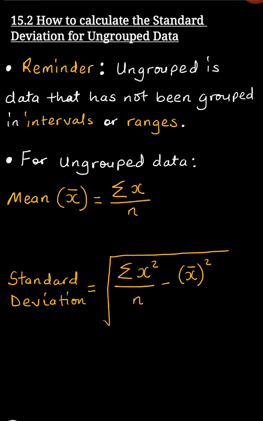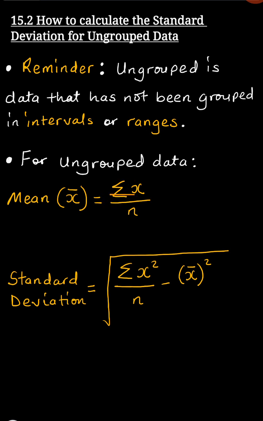If you want to calculate the mean for ungrouped data, this is the formula that you must use. Mean, which is symbolized by x bar, is equal to the summation of x divided by n.